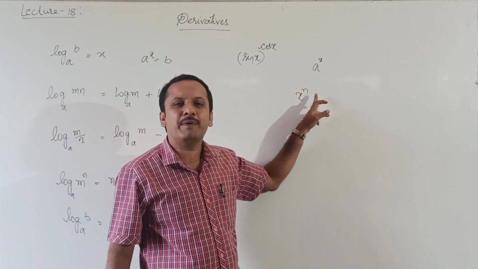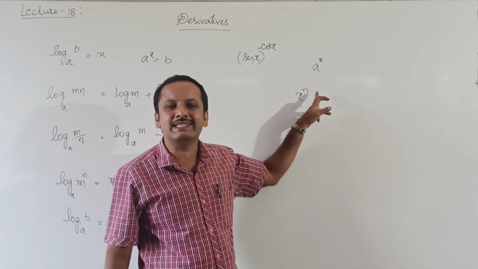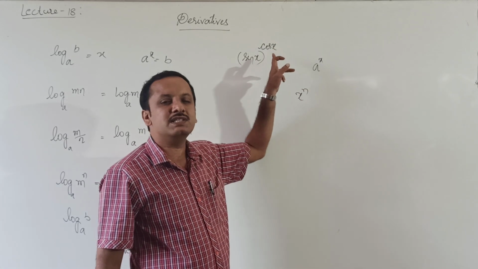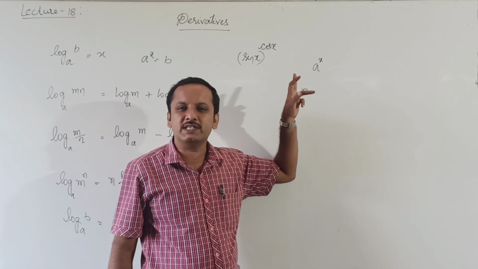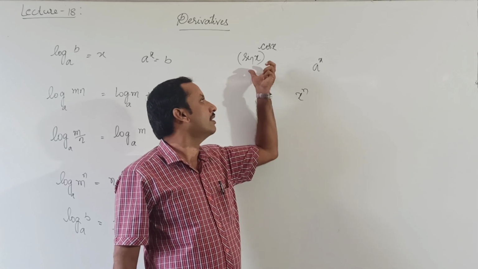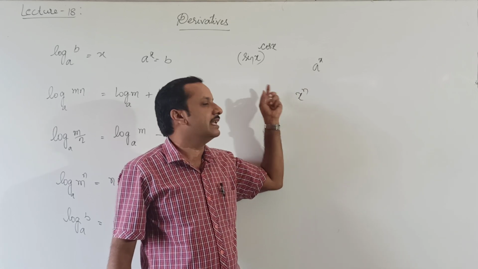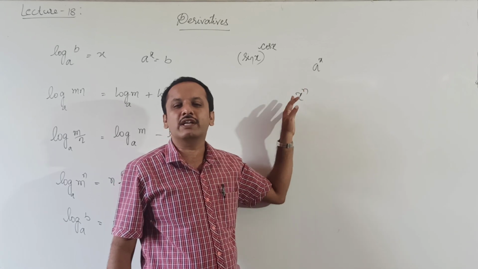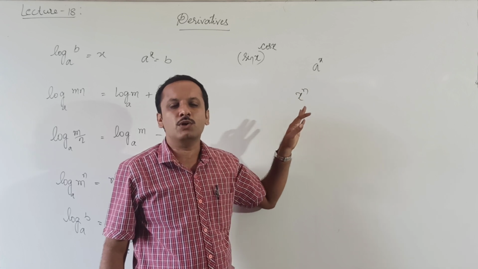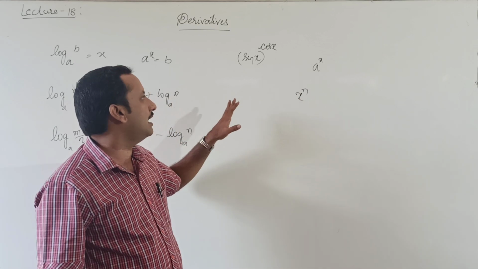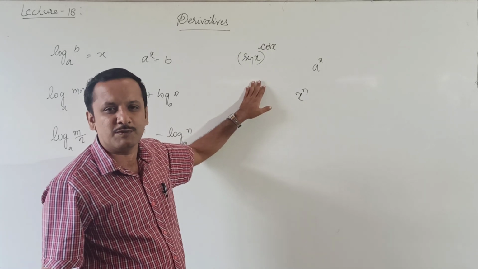And the power should be n, a real number. Here the power is cos x, which is a variable, which is a function. So you cannot compare this with x power n. Neither can you compare with a power x, nor with x power n. So as of now, we don't know how to differentiate this function.